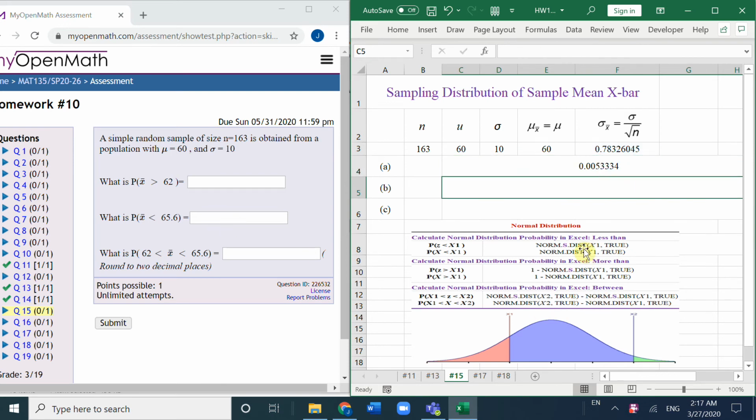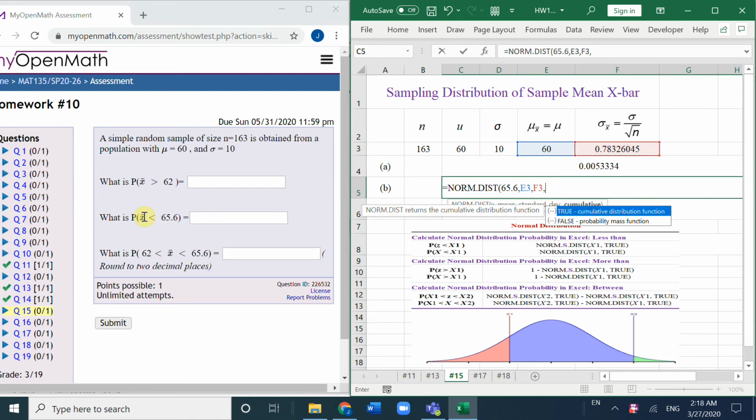Second one is less than, so directly norm distribution, and the x is 65.6, and the mu x bar and sigma x bar, because you see this is variable sample mean x bar and true.